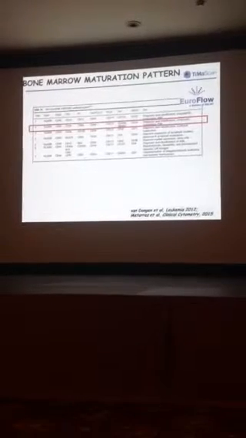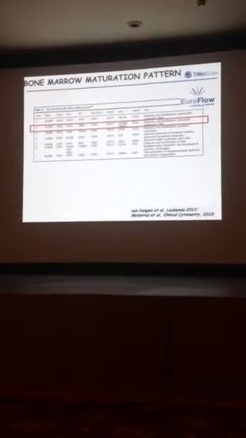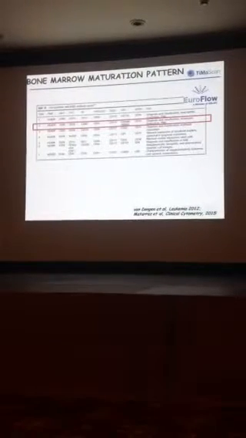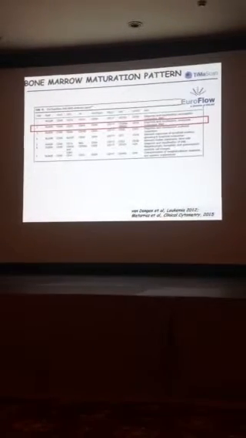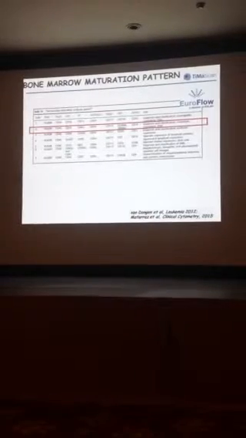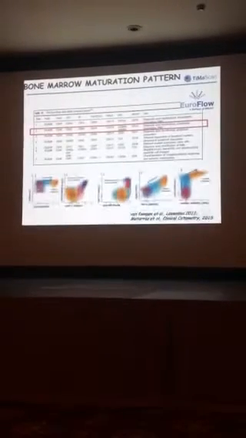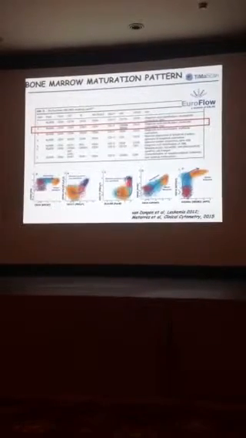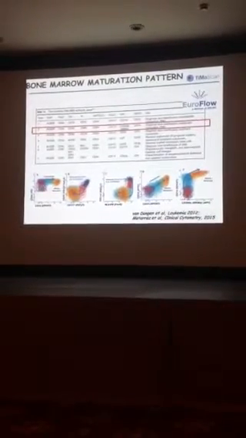If we combine in one single tube markers that disappear or appear at different maturation stages, we are able to dissect the maturation of monocytes in the bone marrow.